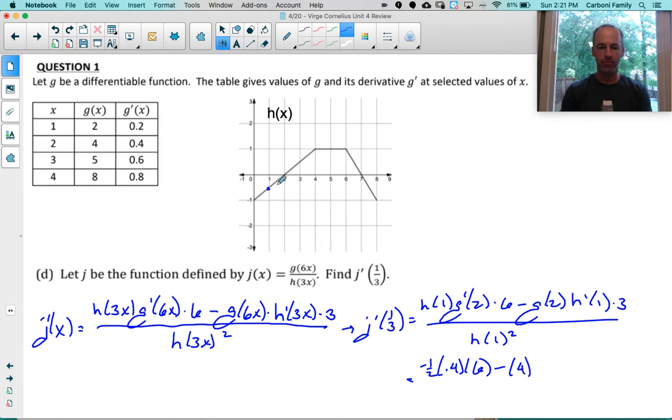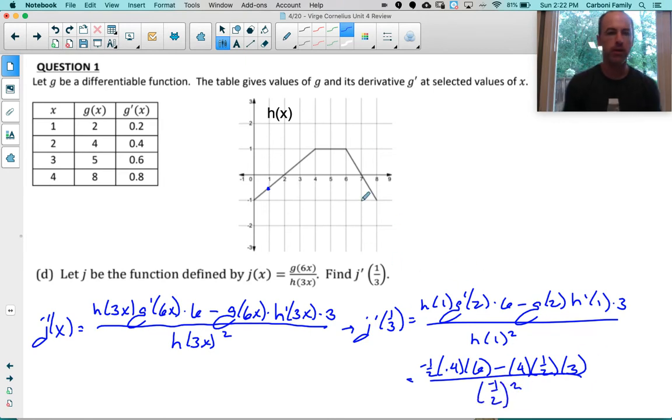H prime of 1 would be the slope right here, and that is a slope of 1/2, times 3, all over h of 1, which was negative 1/2, squared. I am not going to clean that up. Even though you have a calculator on the AP exam, there's still no need to clean that up because it does not ask you for any type of interpretation or anything of that nature.